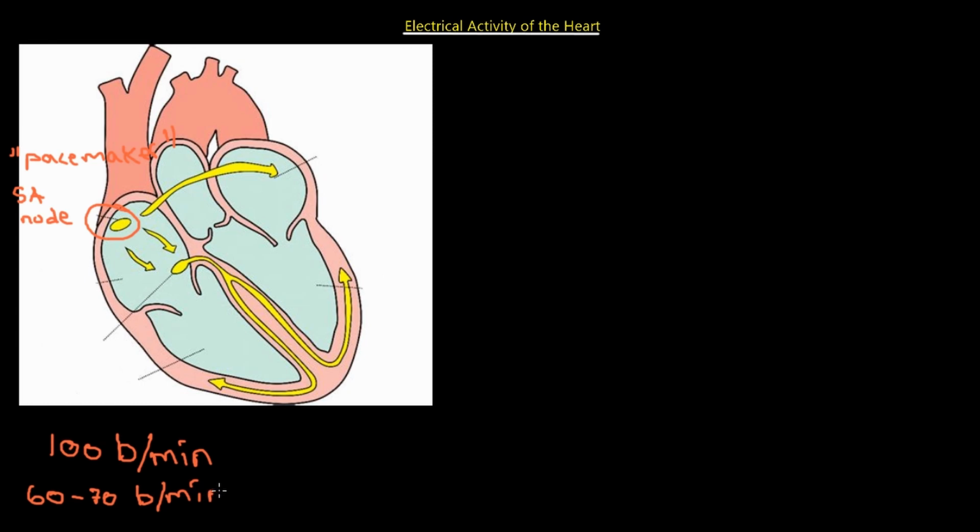And why is that? Because our brain, remember the brainstem, is going to automatically impose parasympathetic stimuli. And remember, sympathetic stimuli is the fight or flight response, where you want more heart rate and bigger cardiac output.